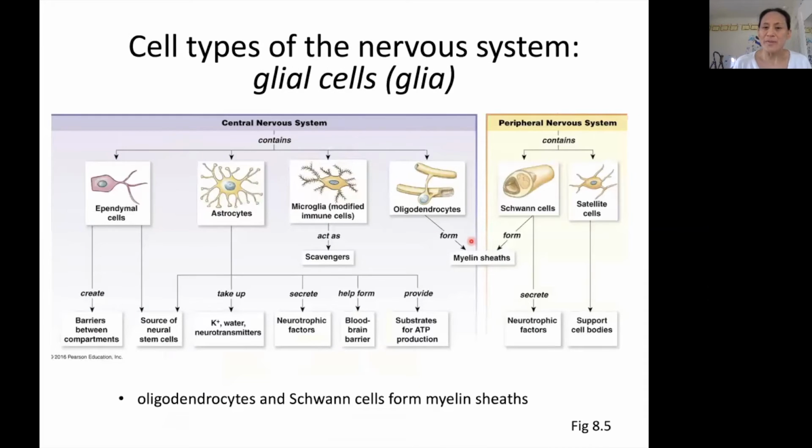What I want to do now is focus on these two glial cell types right here, the oligodendrocytes and the Schwann cells, because they perform this critical function of forming myelin sheaths around the axons of neurons. Okay, so let's take a look at what I'm talking about.